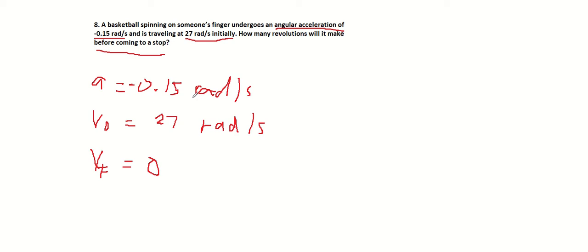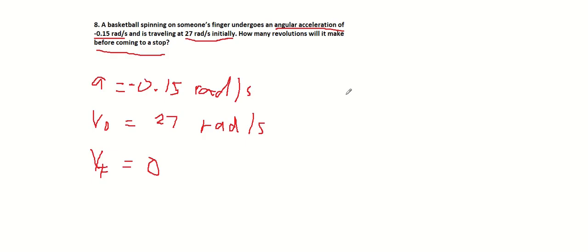So ngayon, ano yung formula ang pwede nating gamitin sa pag-solve dito? So kung maalala nyo pa yung formula, ito siya. V sub f, o yung final velocity, is equal to v sub o plus acceleration times time. So ngayon, ang purpose natin dito is to find the time muna para makuha natin kung ilang revolution magagawa niya. So apply natin yung formula.